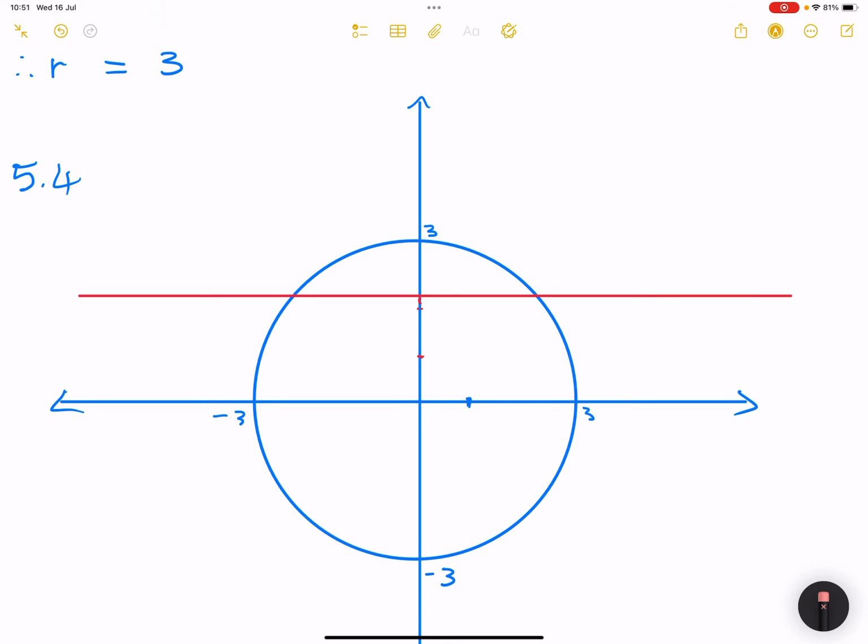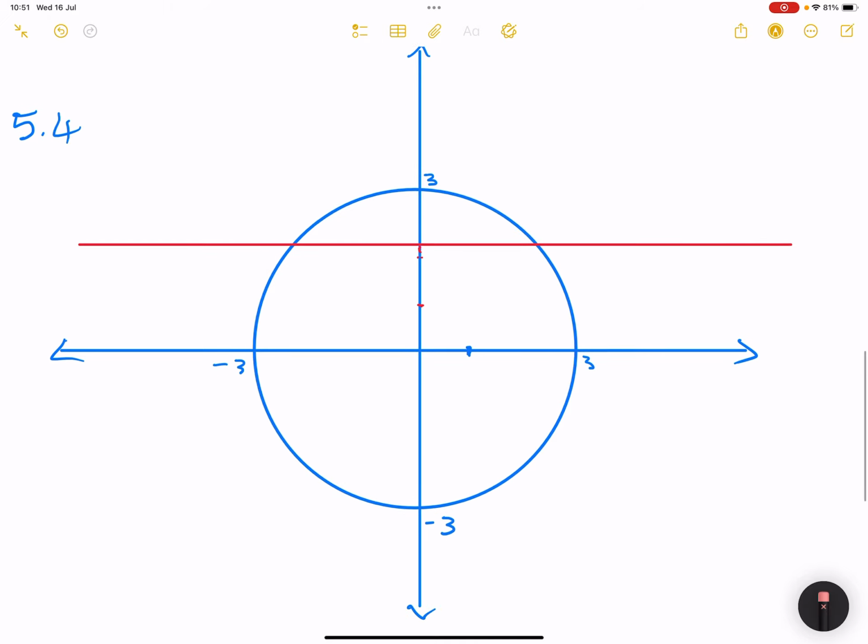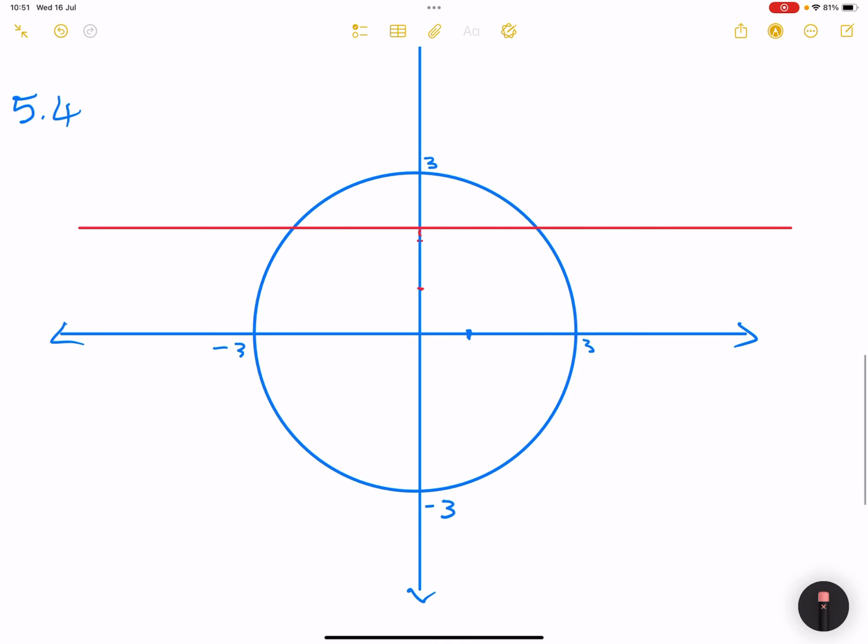So this is what my graph is going to look like.